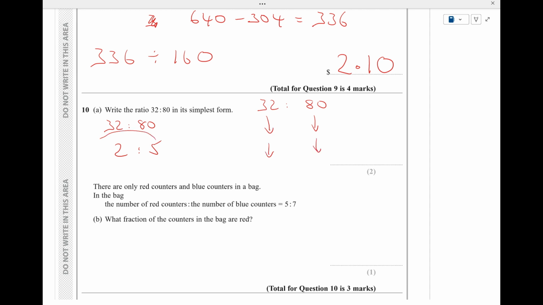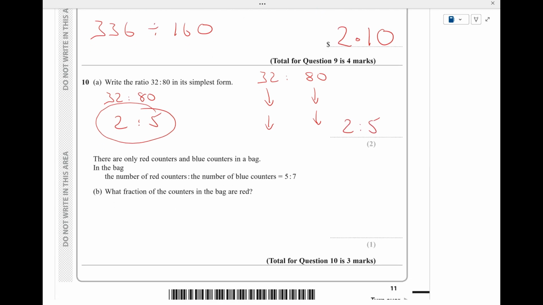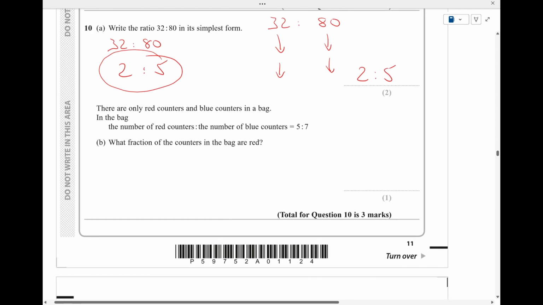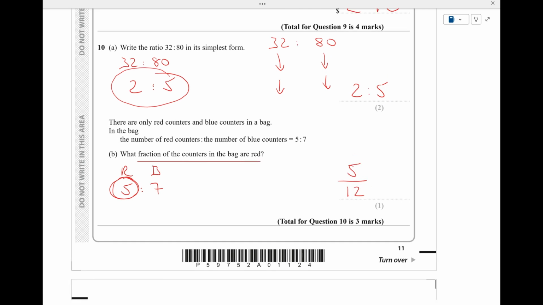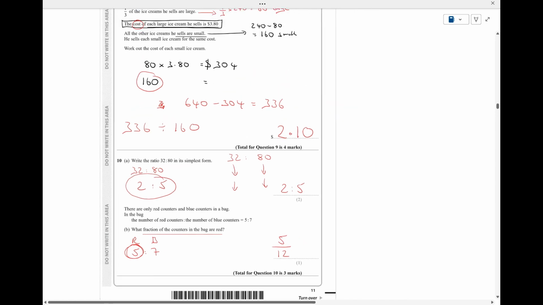But if I were you, I would put 32 over 80 in my calculator and press the equals button. There are only red counters and blue counters in a bag. Number of red, number of blue, 5 to 7. What fraction of the counters are red? Well, it's 5 out of a total of 12. So that is question 10 done.